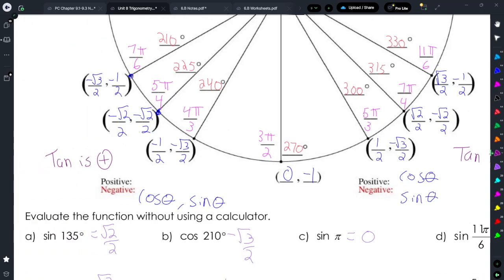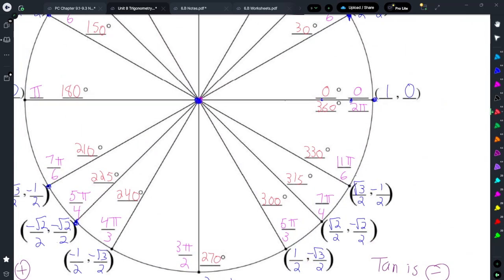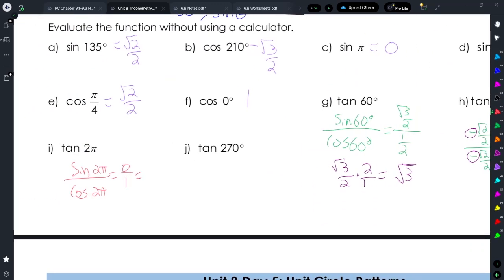Then the last one, the tangent of 2 pi. Well, again, tangent of 2 pi, this is the same as sine of 2 pi over cosine of 2 pi. Sine of 2 pi, the y value is 0, so it is 0 over 1 or 0. All right.